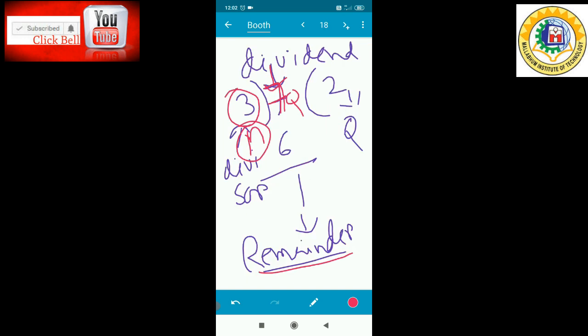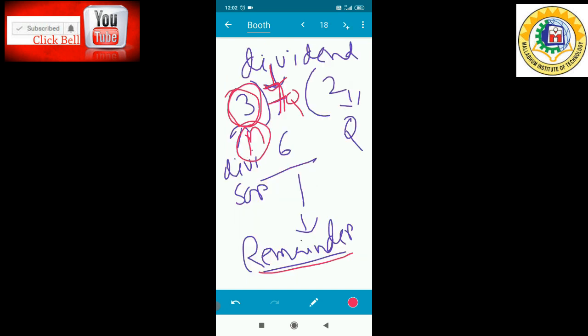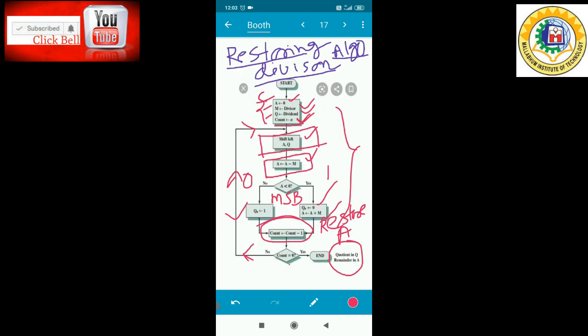Count is the number of bits in the dividend, that is n. After performing the whole algorithm, your quotient will be obtained from Q and the remainder from A. So that is all about the algorithm.